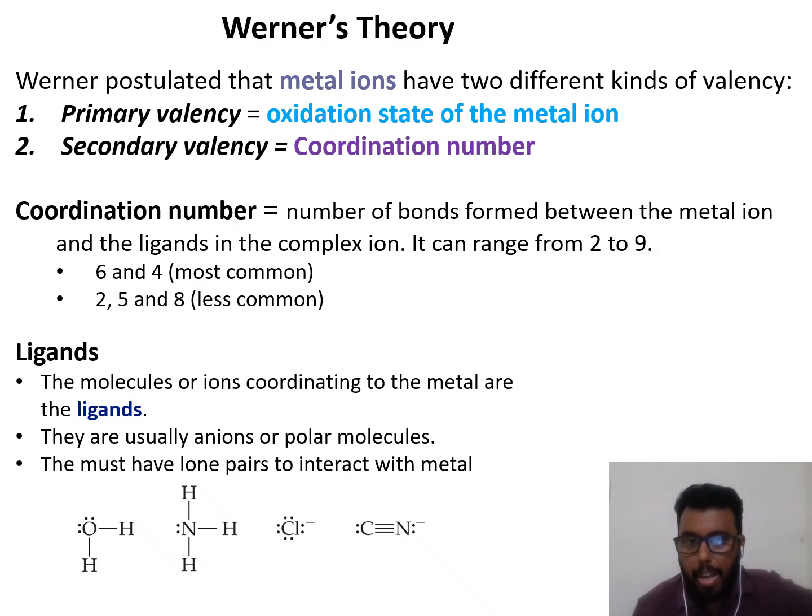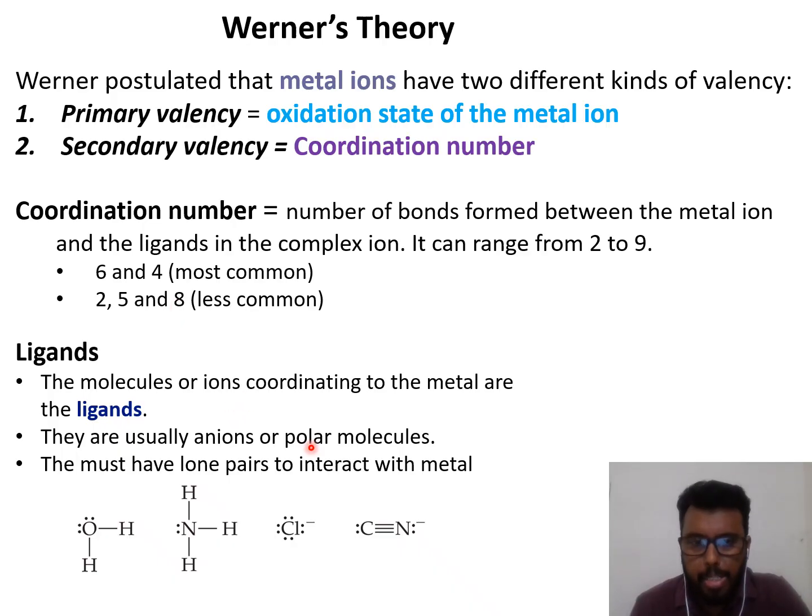So the secondary valency will be 6. Remember, primary valency means oxidation state, secondary valency means coordination number. The most common coordination numbers are 6 and 4, and the less common are 2, 5 and 8. It is nothing but the number of bonds formed between the metal ion and the ligands in the complex ion.